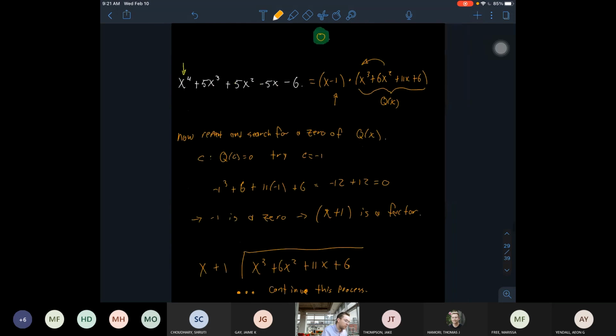So that's how we can use long division to factor higher order polynomials. However, it is contingent on our ability to guess the zeros of these polynomials. If you've done this a lot, you can see them before really trying anything out, just by looking at the coefficients and understanding that when you cube negative numbers, you get negative numbers.